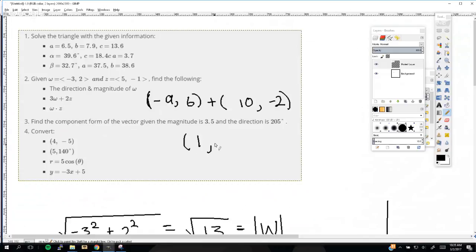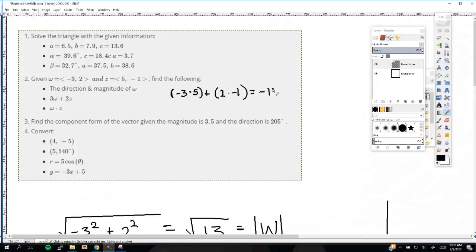Yes. You can just add that together. And then W times Z. So this is when you have to multiply the first numbers. So -3 times 5 plus 2 times -1. That's -17. Yeah, that's what I got. Those ones are really easy.